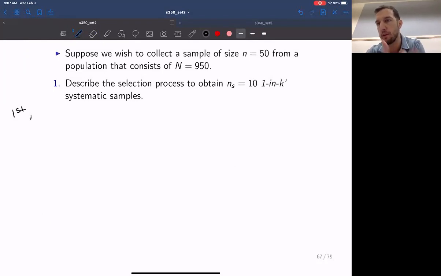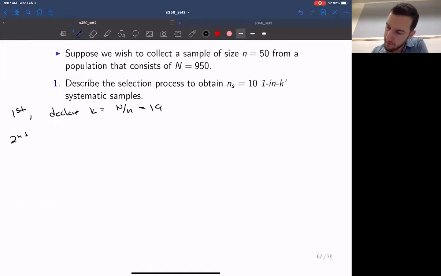So K prime is essentially the sampling ratio for the first sample. First we're going to declare K to equal capital N over little n. So this is the same declaration we had before, and this is going to give us 19.